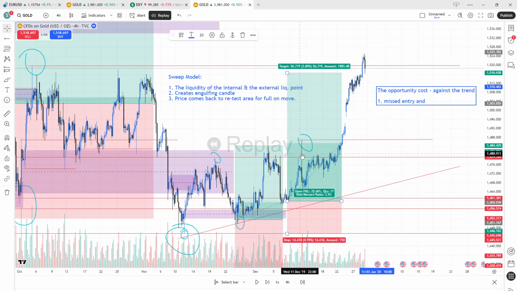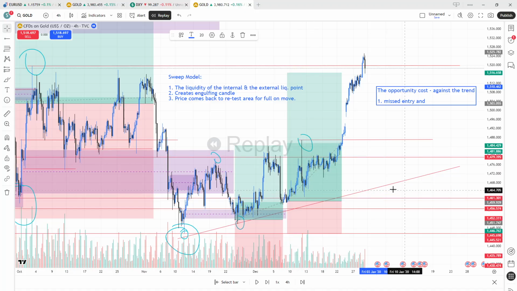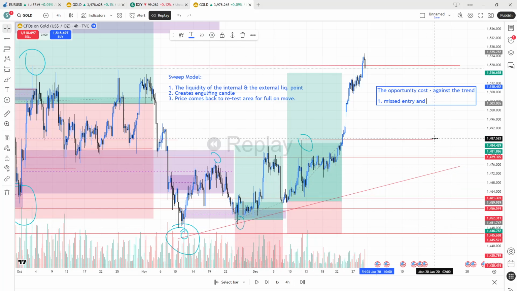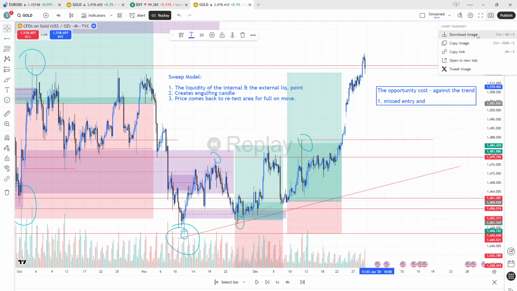If you find out that your sell is wrong, you're just going to have to look for another entry, which is not as optimal as down here or down here, following the trend line. So I hope that helps.